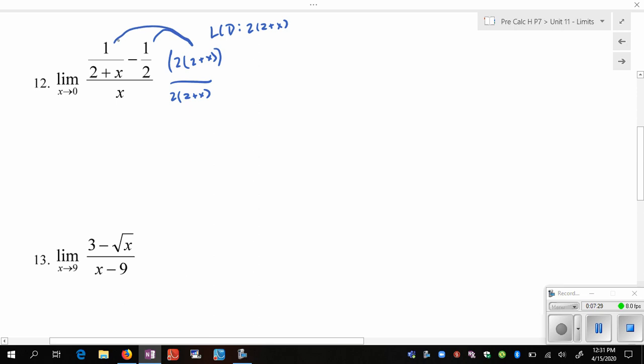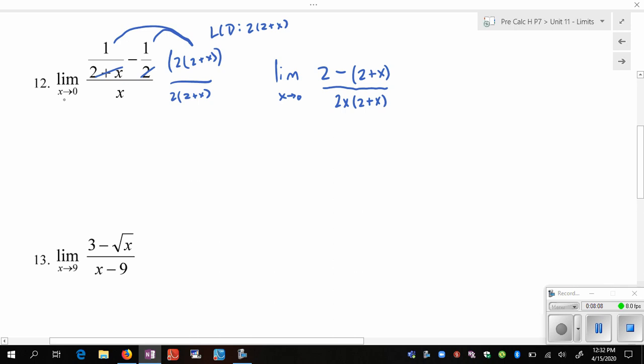If I multiply this by 2 times 2 plus x, well, the 2 plus x is canceled. So now we're looking at the limit as x goes to 0 of, well, if the 2 plus x cancels with that 2 plus x, I'm left with 2. All right, minus, now if I distribute into this one, the 2 cancels, leaving me with 2 plus x. So we got to be careful here, 2 plus x as a quantity, so it's going to go in parentheses. And then at the bottom, I have x, or 2x, times 2 plus x.